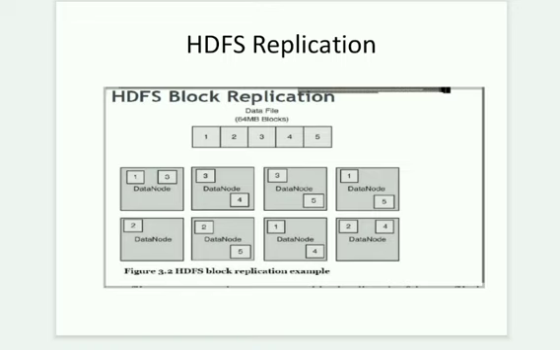Then it is the responsibility of that data node to copy it to some other data node, either in the same rack or in a different rack. A rack is nothing but a collection of data nodes. It is the responsibility of an administrator to decide which block to copy where, and what happens if there is a failure, how to take a backup of the data. So this is how it is replicated or copied.